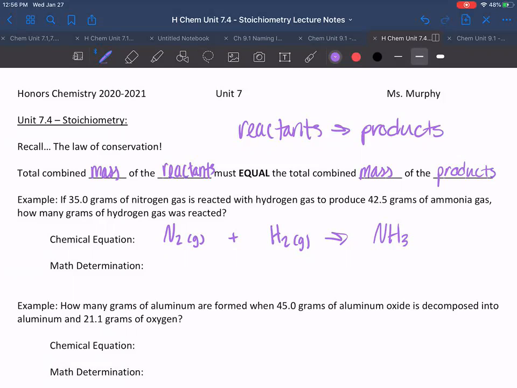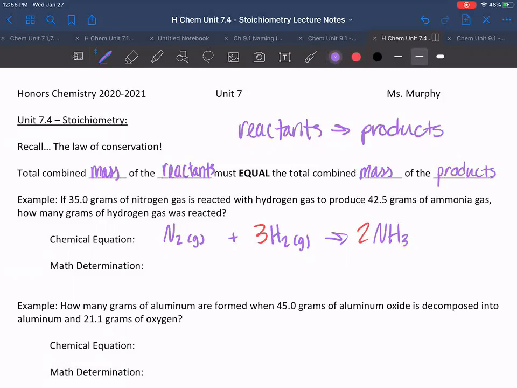Okay, awesome. Sorry, I'm doing multiple things at once right now. All right, so we are putting a 2 in front of ammonia and a 3 in front of hydrogen. Now we're balanced. Now, this was just practicing.